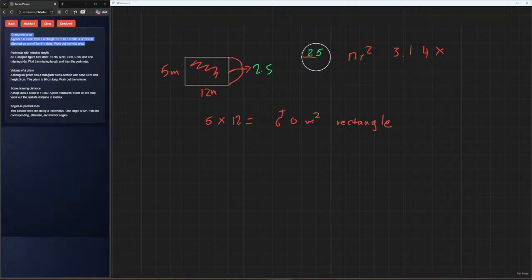So we're gonna times it with the 2.5 squared. So let's first do this bit, which is gonna be 2.5 times 2.5. What is it?